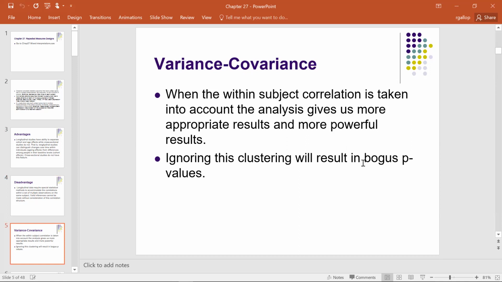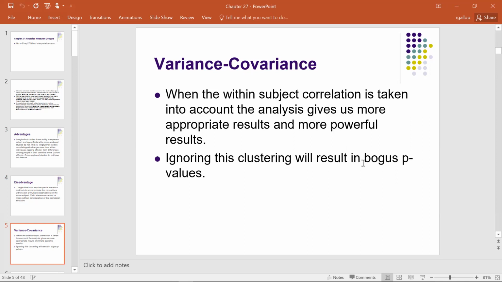So when the within subject correlation is properly modeled, it's going to give us the most appropriate results. And in fact, when we use the repeated measures data, we actually get more statistical power. And those of you who progress to the LDA class, I'll show that discussion to you when we get there. But the most important thing is the last bullet.